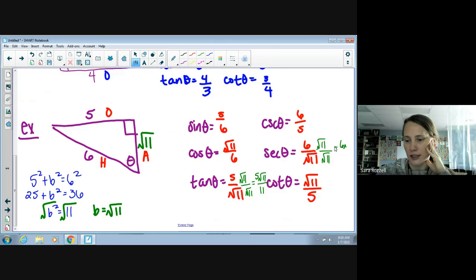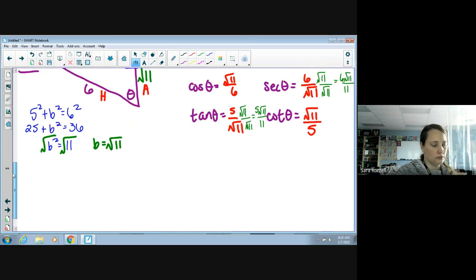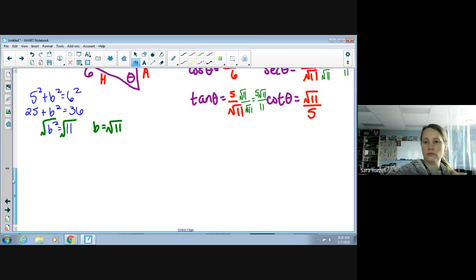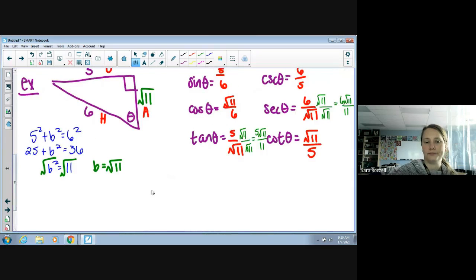So that one is 6 root 11 over 11. Sorry if you're still writing that.